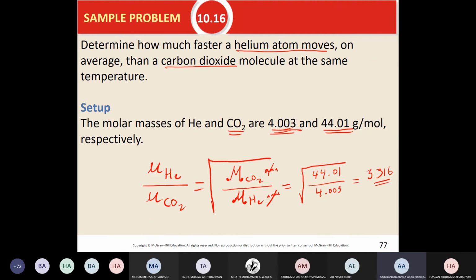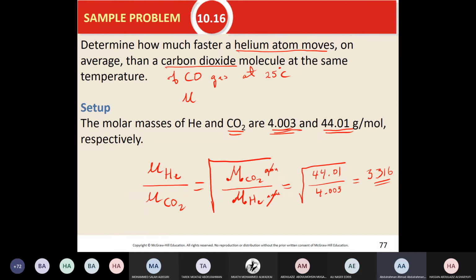What's the speed of CO gas at 25 degrees C? This is not part of this question. What's the answer? What are you going to do? Which law are you going to use?